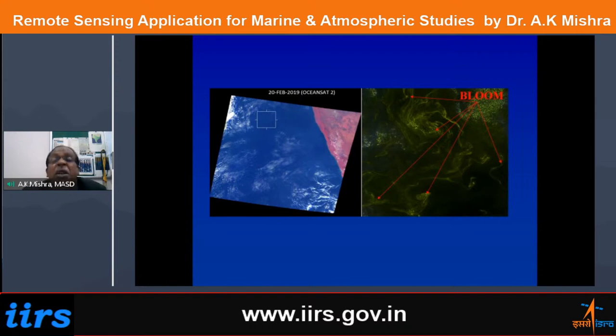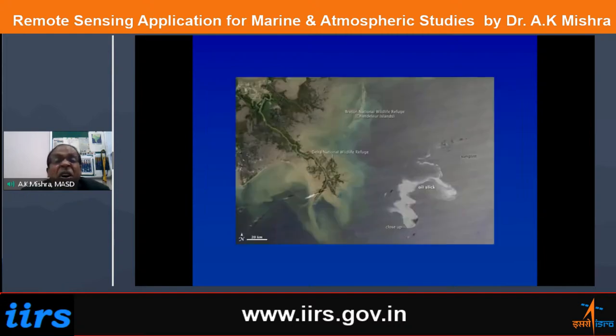This can be forecasted, meaning information can be given to the fisherman community not to go fishing in this area, because this blooming area may be very toxic in nature for fishes.